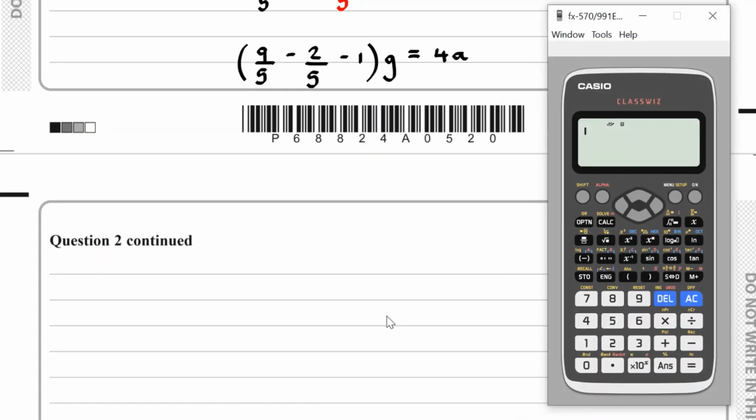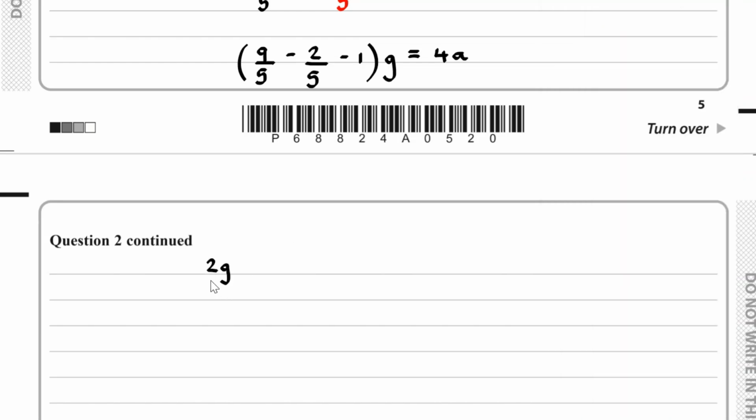So if we work out the numerical value, 9 over 5 minus 2 over 5 minus 1, we have 2g over 5 equals 4a. Of course, a is equal to 1 over 10 multiplied by g, meters per second squared.